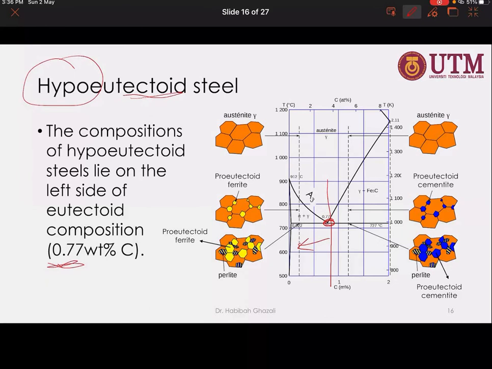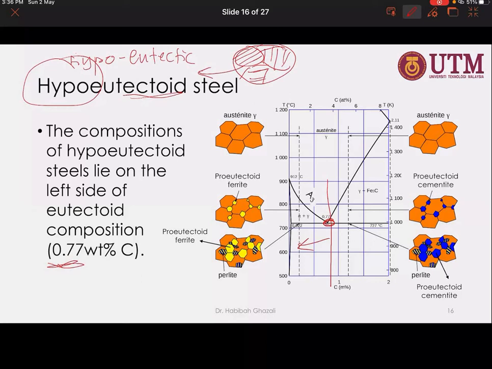Similar to that. However, for the previous example, we talked about the eutectic alloy. For eutectic also, it has a microstructure having lamella, isn't it? Lamella. And if the composition is located at the left region, we call it a hypoeutectic alloy of that particular system.